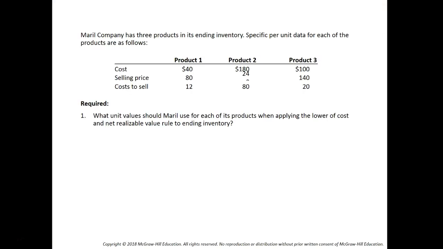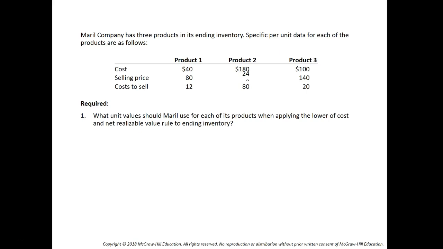Now let's take a look at exercise 9.1. Merrill Company has 3 products in its ending inventory. Specific per unit data for each of the products is as follows. Product 1, cost is 40, selling price is 80, cost to sell is 12.